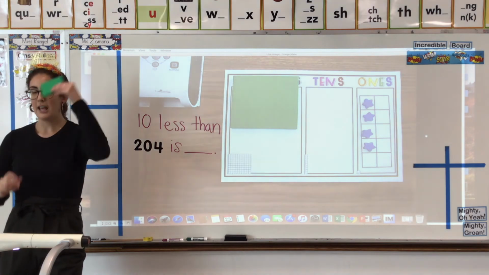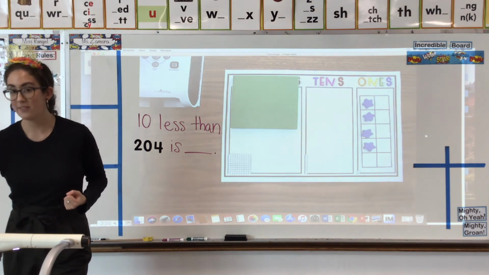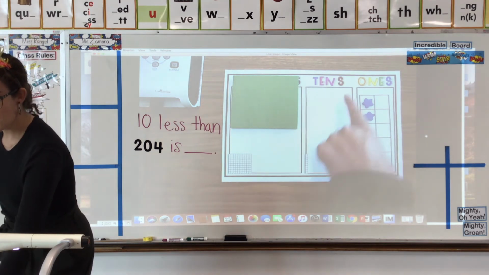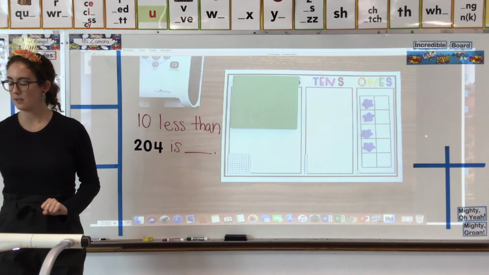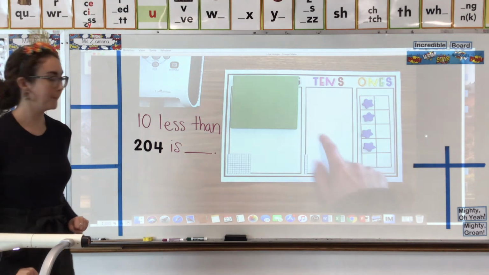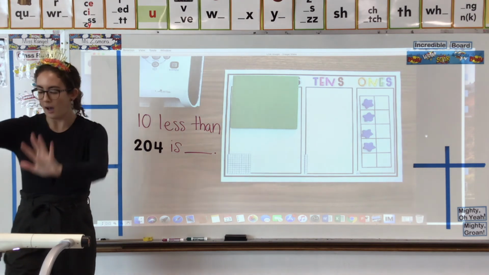So, if we're going to break apart 100, unbundle it, that larger unit, how many 10s, a smaller unit, will we get? 100 equals, how many 10s? 10 10s, of course. Awesome.